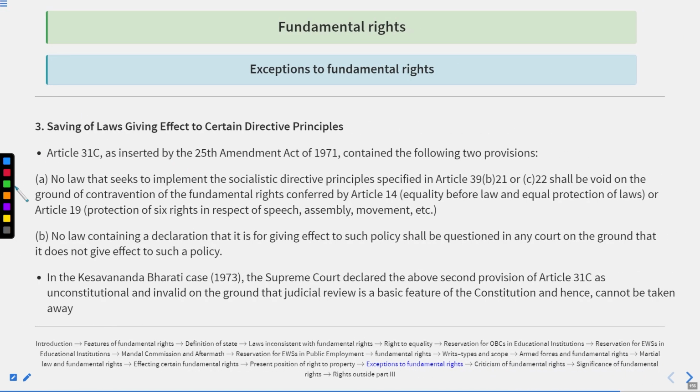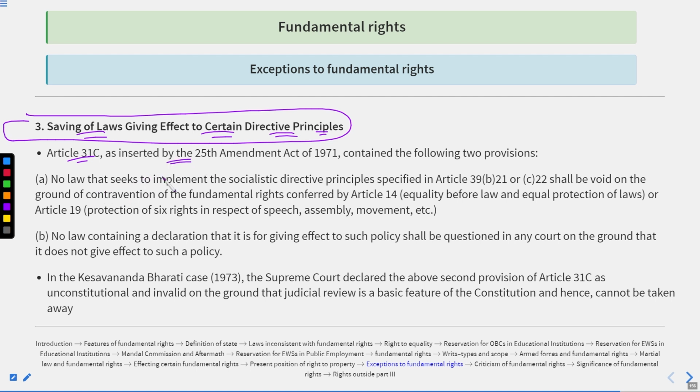Thereafter, the next topic is the saving of laws giving effect to certain directive principles. Article 31C, inserted by the 25th Amendment Act of 1971, contains the following two provisions.